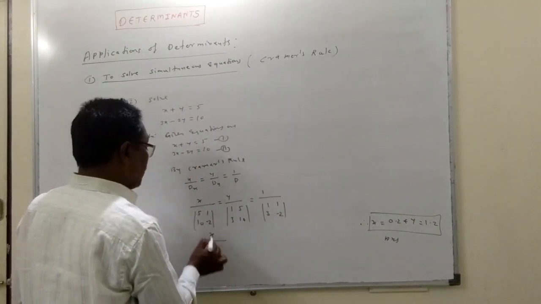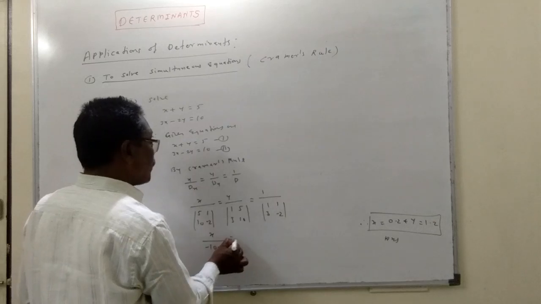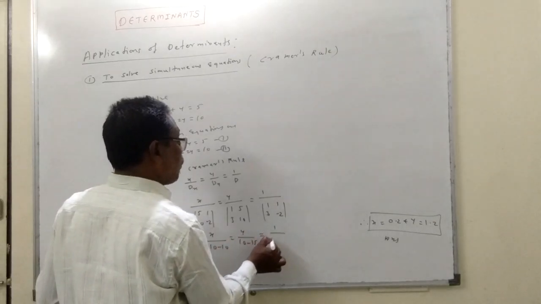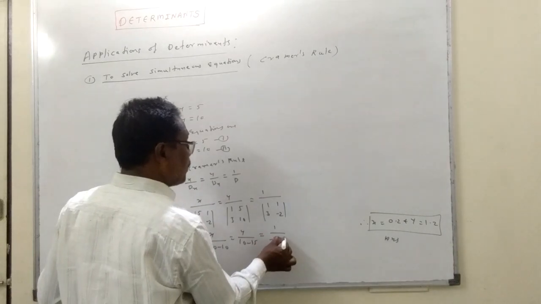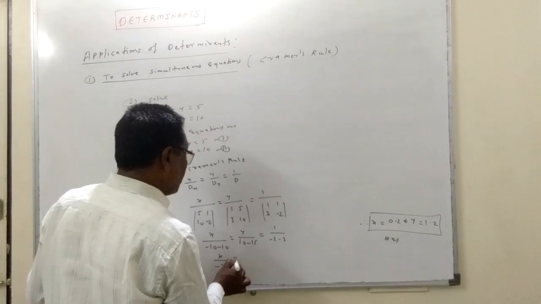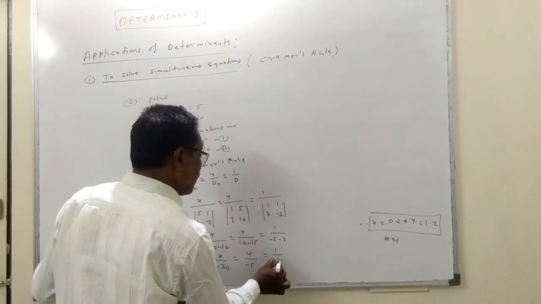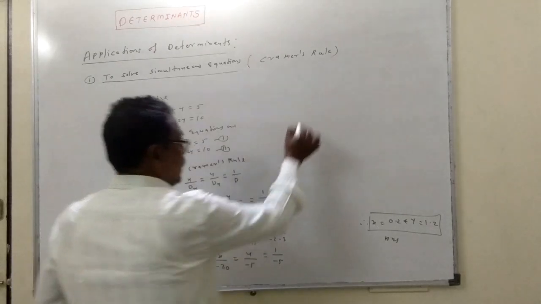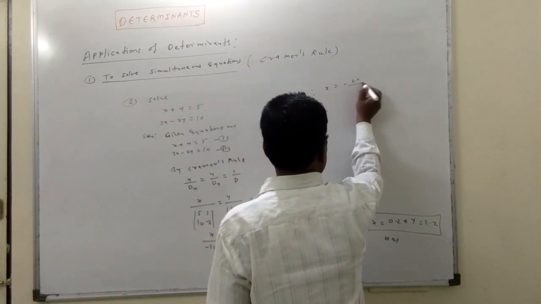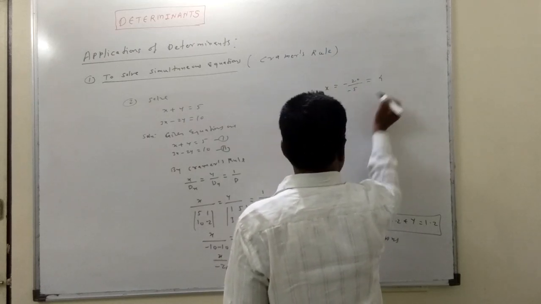So x divided by minus 10 minus 10, y divided by 10 minus 15, 1 upon minus 2 minus 3. So x divided by minus 20, y divided by minus 5, and 1 upon minus 5. Therefore, x is equal to minus 20 upon minus 5, so 4.